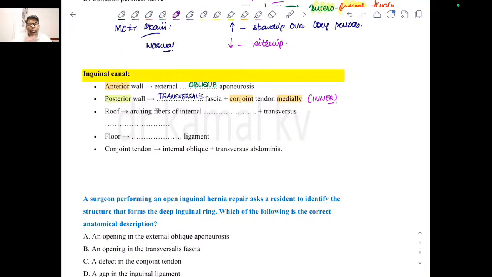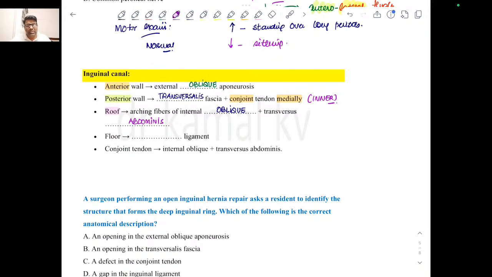Then the roof is formed by the arching fibers of the two muscles, that is internal oblique and transversus abdominis.